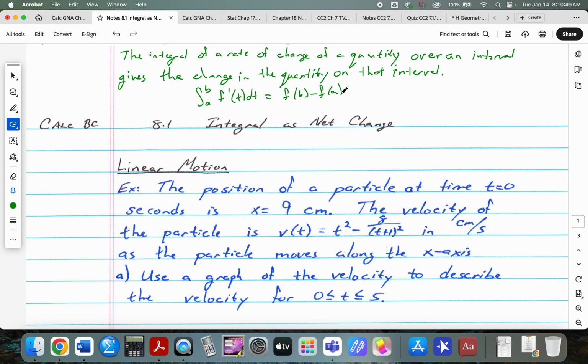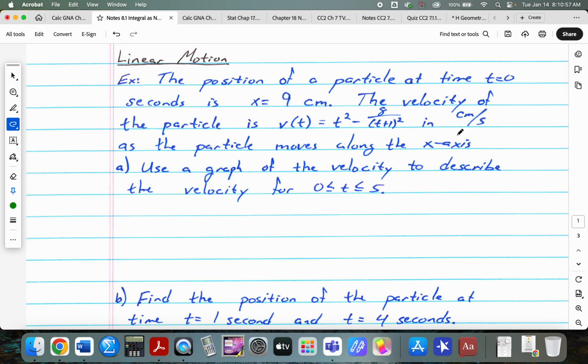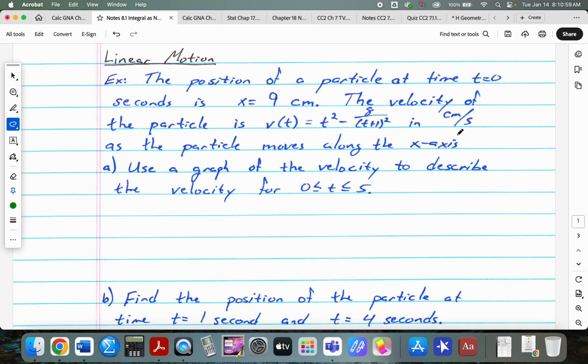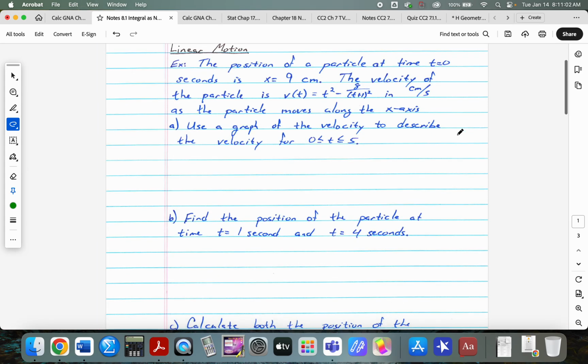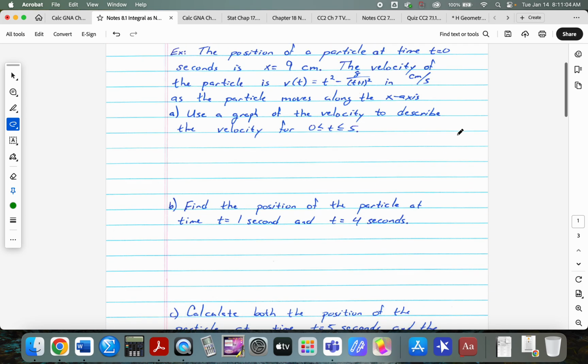Now, the simplest one, I think, for most people to think about is linear motion. So the position of a particle at time t equals 0 seconds is x equals 9 centimeters.